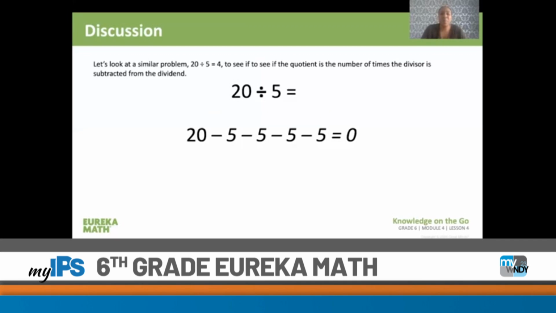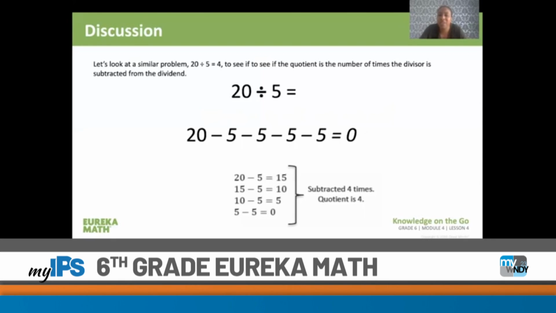Now, let's take a moment to look at the process we use to get to 0. How many times did we subtract 5 to get to 0? 4. Notice that we subtracted 5 4 times.